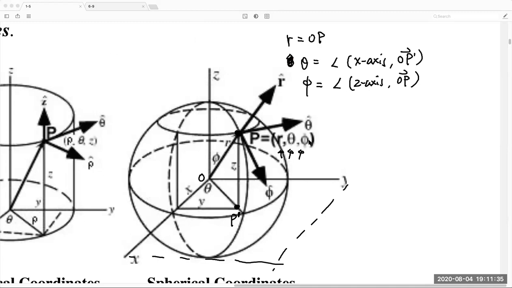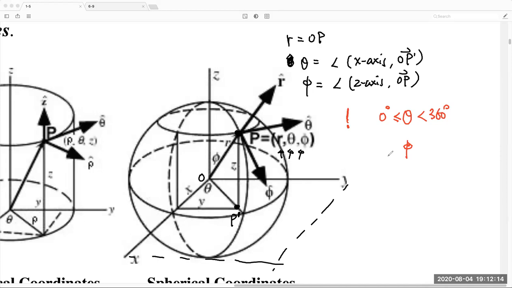Then you need to remind yourself how we define theta and phi. What is the range of theta and phi? Theta is defined from 0 degrees to 360 degrees, of course excluding 360 degrees because it just represents 0 degrees. Then what is the range of angle phi? 0 to 360?